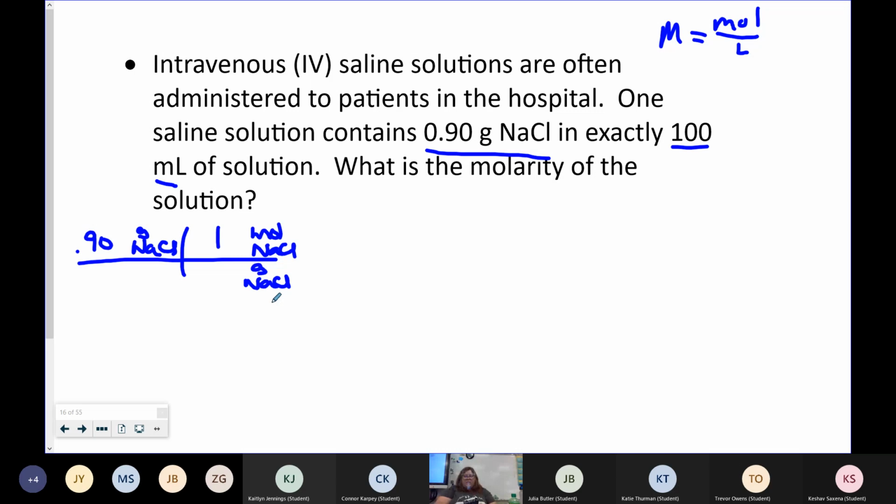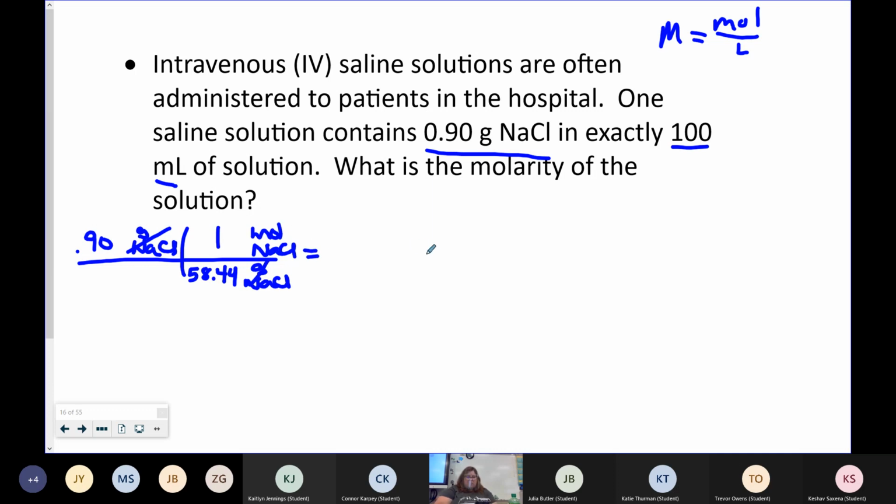So sodium is 22.99 plus chlorine is 35.45. So that's 58.44 grams per mole. That's going to allow grams to cancel and leave us with moles.